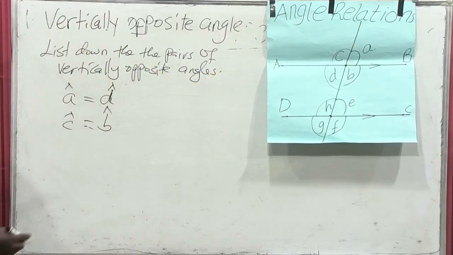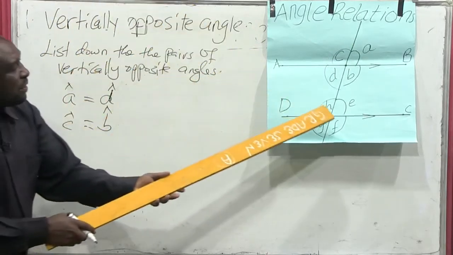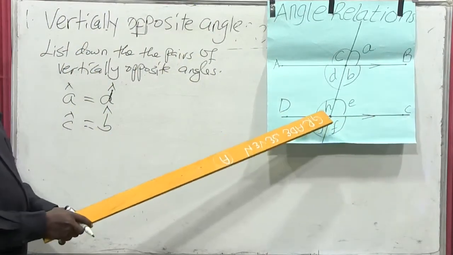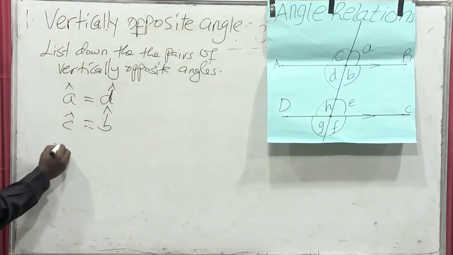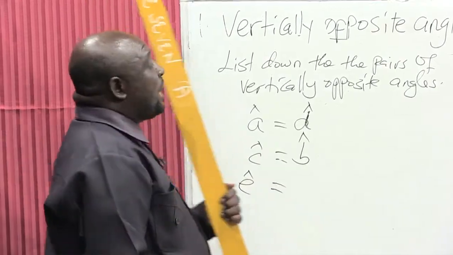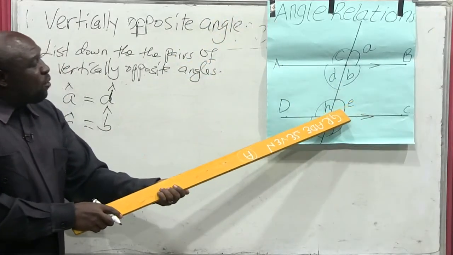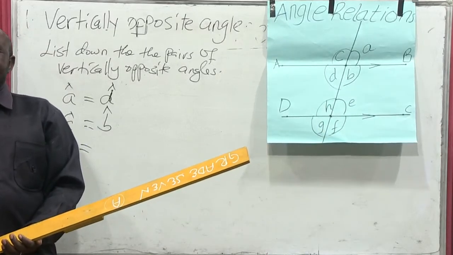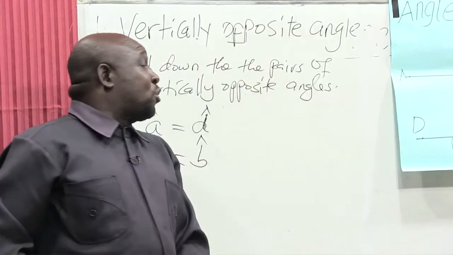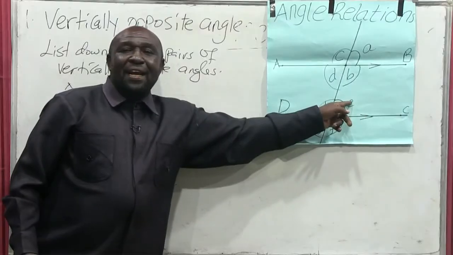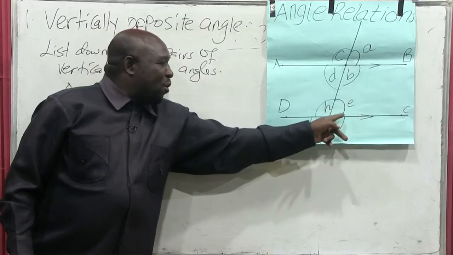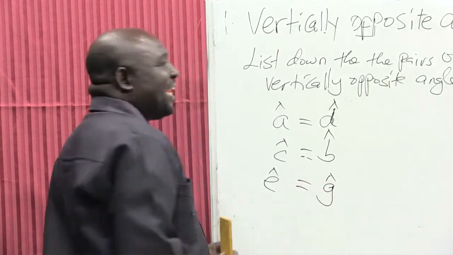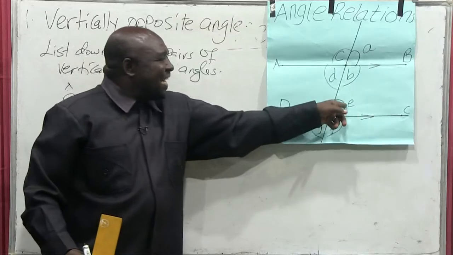Another one, let's come to this point along the line DC. Angle E equals to angle F, H, or G. Say it, angle E equals to angle G. Very good, equals to angle G. Reason, vertically opposite angle.